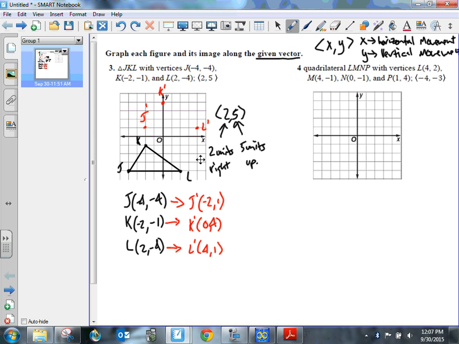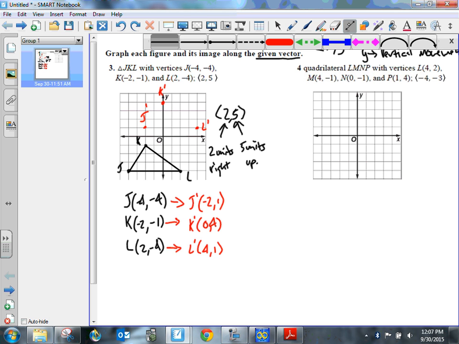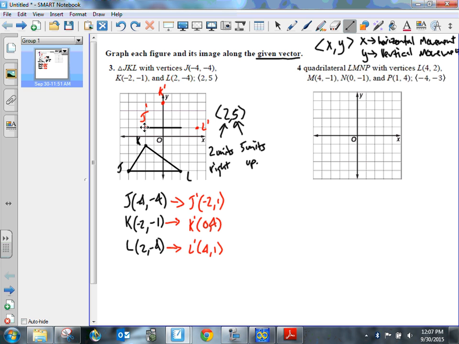Okay, so now let's think about this. Let me connect these real quick, but I want you to think about how we could do this if we didn't have a graph. We can take a look at how these points go from -4 to -2, from -2 to 0, from 2 to 4.